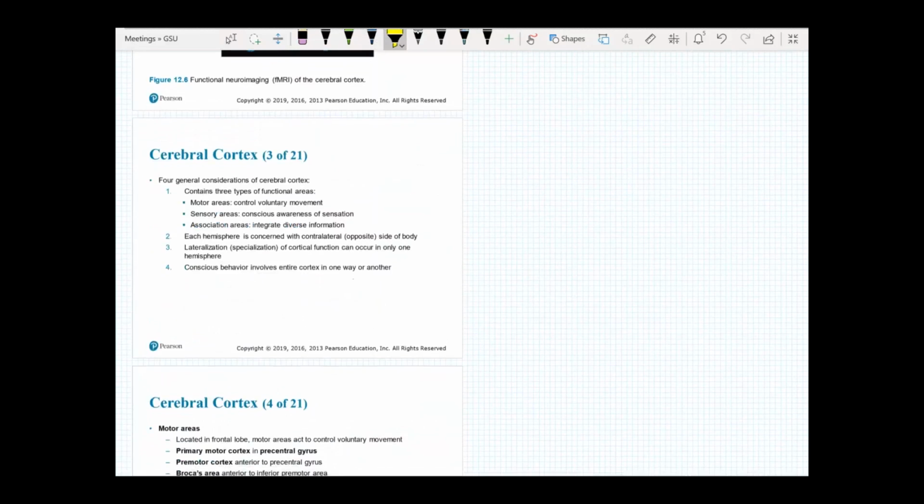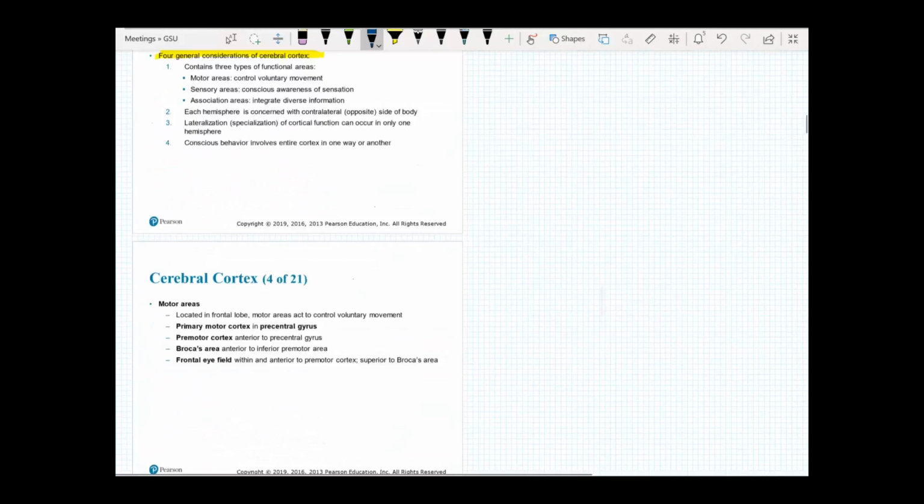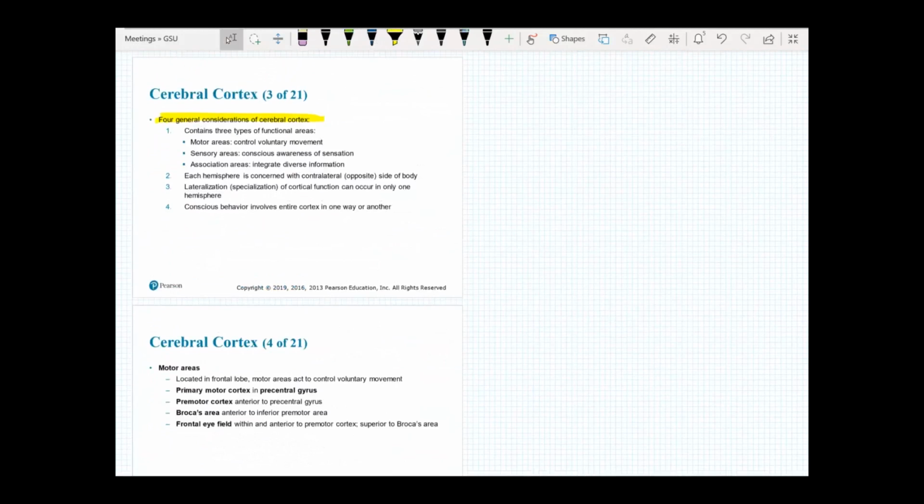Okay, so real quickly, there are 4 major general characteristics of the cerebral cortex. 4 generalizations. This is just to keep things in perspective as you go throughout this section. The first one is that of all the areas we're going to talk about, there are 3 types of functional areas. There are motor areas that produce motor movement.